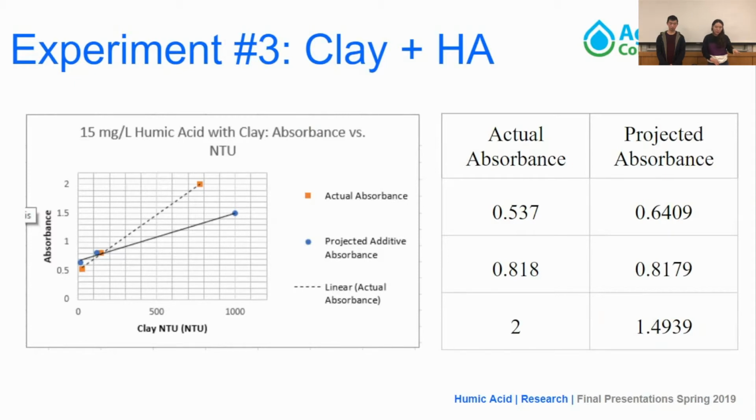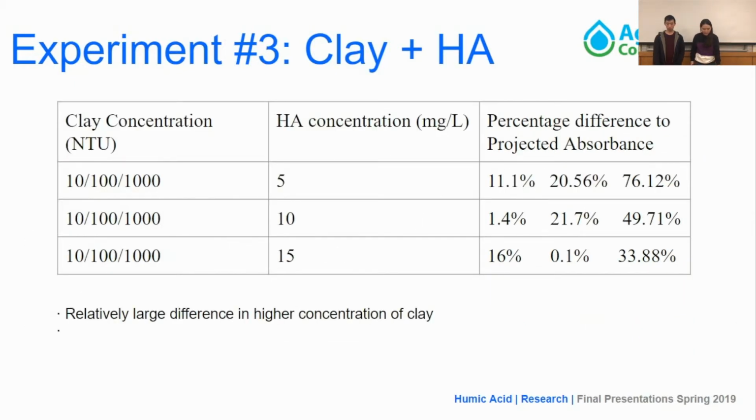maxed out at 2. We think that this is because the concentrations of both clay and humic acid were so high that the meter could not give us an accurate number, so it just maxed out at 2. And then here we just calculated the percentage difference of the projected absorbance to the measured absorbance.